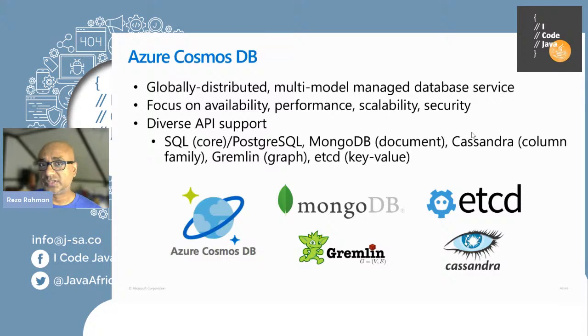You can also use a Graph API to access Azure Cosmos DB, in particular Gremlin. You can also access Cosmos DB using a key value pair style API, etcd, which is a popular name value storage mechanism. It can speak multiple APIs. What else does it do, right?